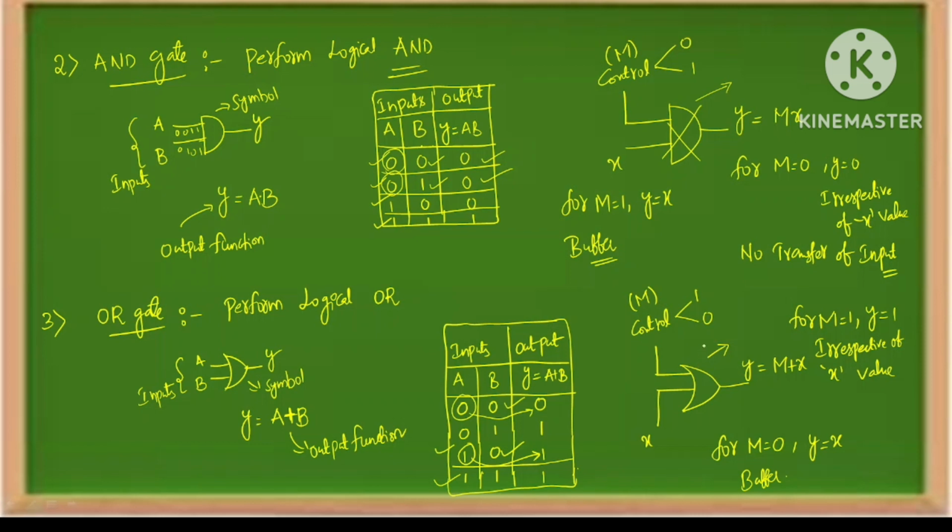Similarly, for the OR gate, M equal to 1 is considered as the control input. Okay. So this way you can understand the basic logic gates and their operation.